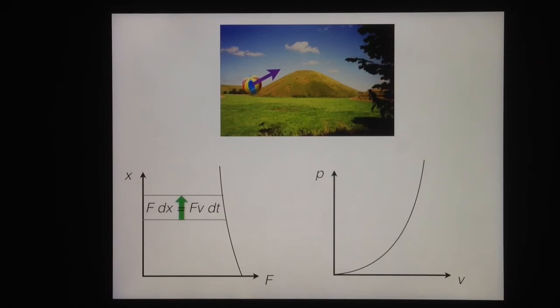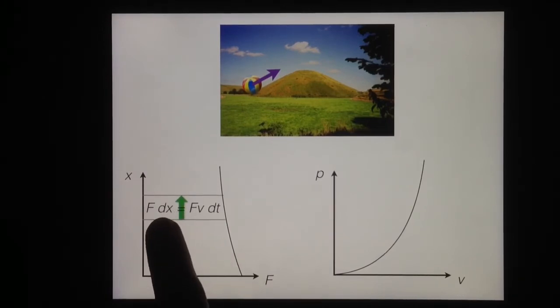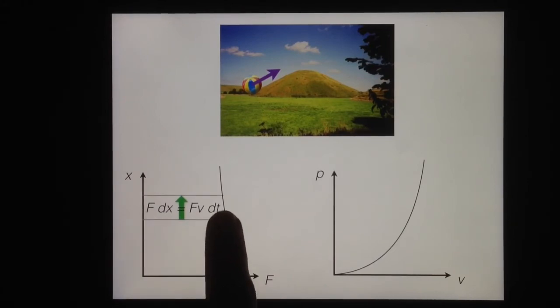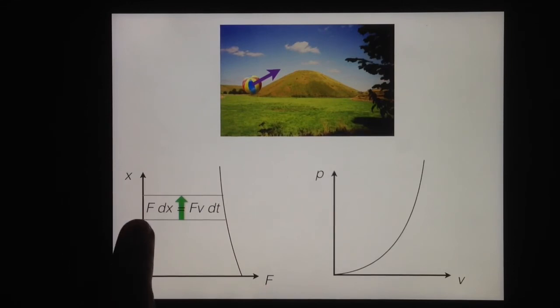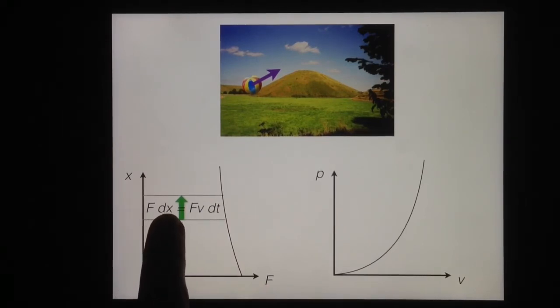We just look at two things. What's happening when the object is rolling up the hill? So we have an increase in displacement in height, and we just look at the area of this little rectangle here. So this is force times vertical displacement, dx, and we know that dx is just v dt.